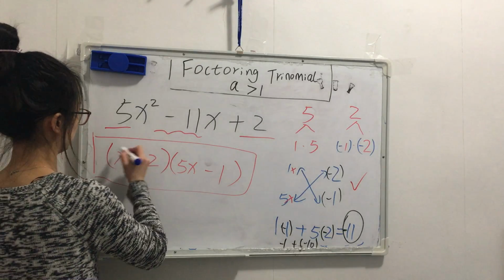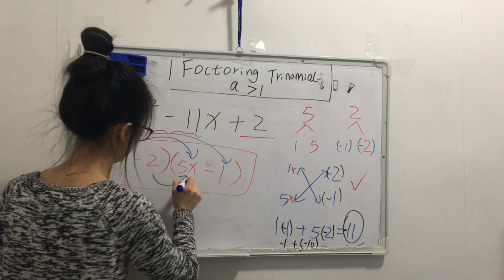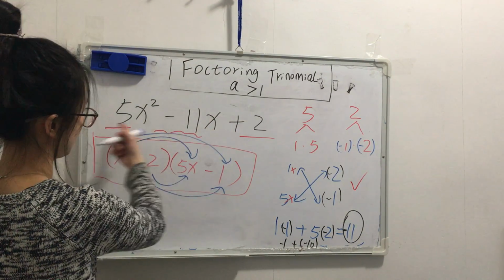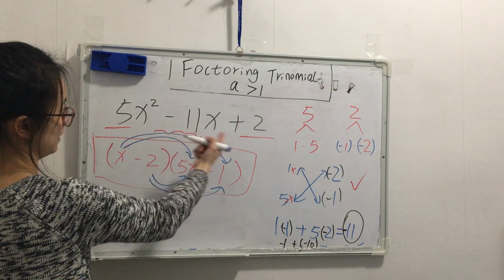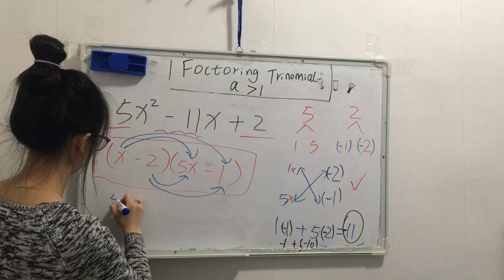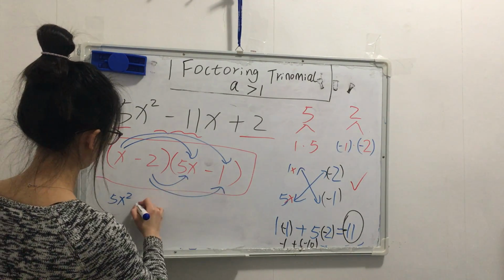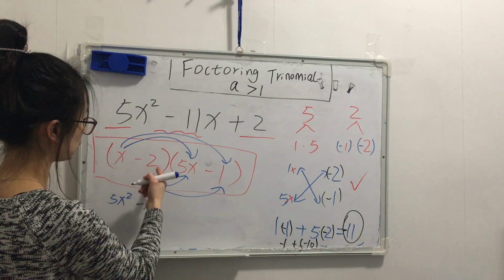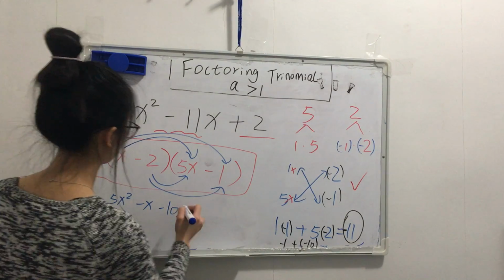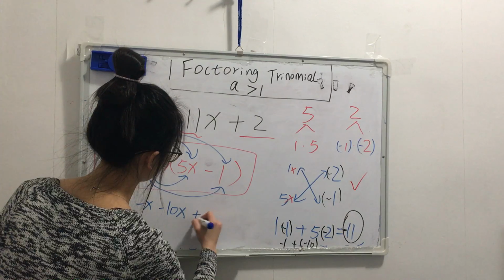The same idea, you can check by the FOIL method to see you can get the same trinomial as the original one. x times 5x, which is 5x squared, x times -1, which is -x, -2 times 5x, which is -10x, negative 2 times negative 1, which is positive 2, right?